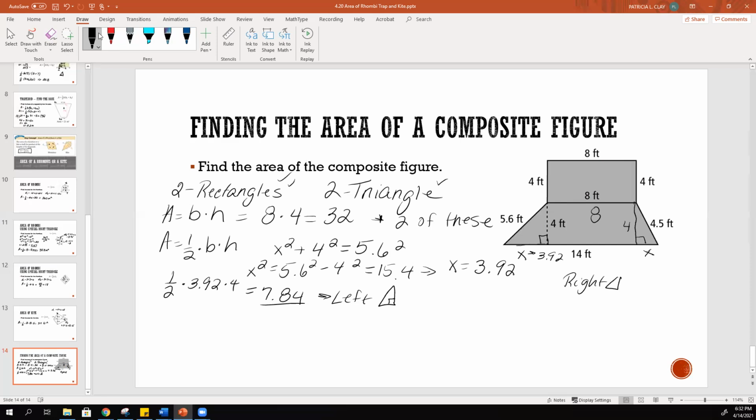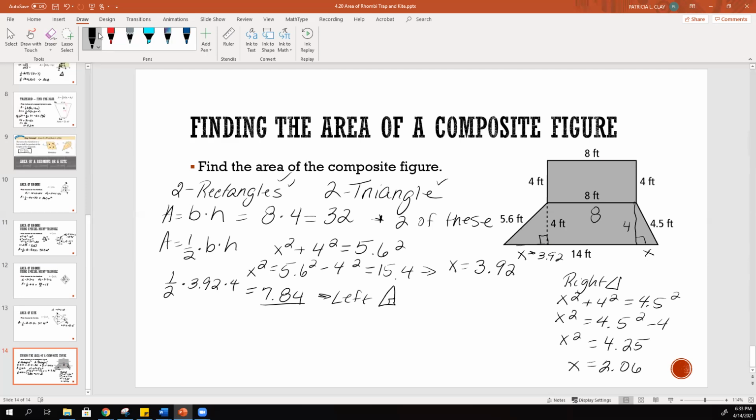So x squared plus 4 squared is equal to 4.5 squared. That's our hypotenuse. Let's rewrite it where x squared is equal to 4.5 squared minus 4 squared. We put that in the calculator and get x squared is equal to 4.25, and take the square root of that. We get x is equal to 2.06.